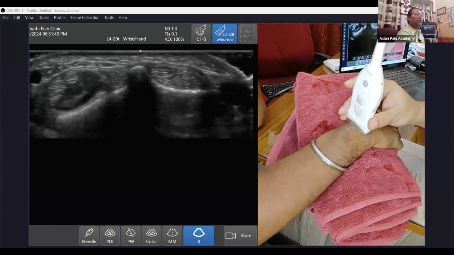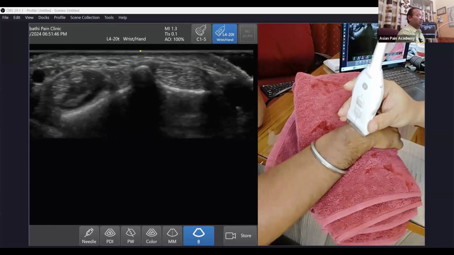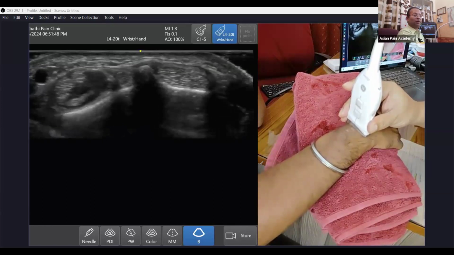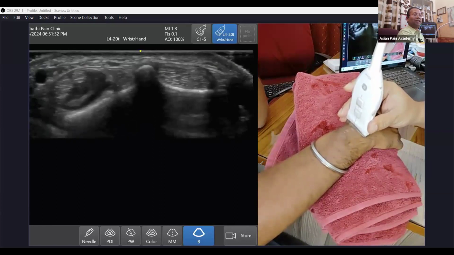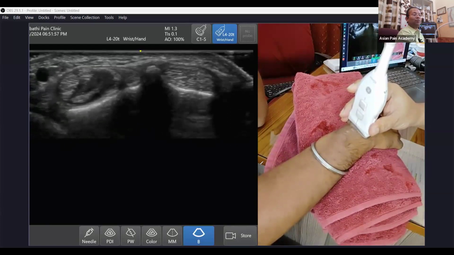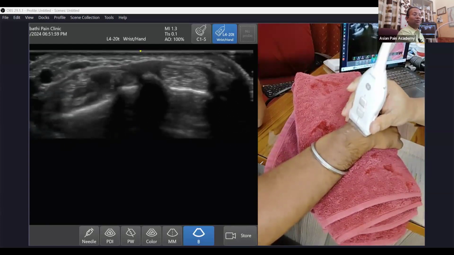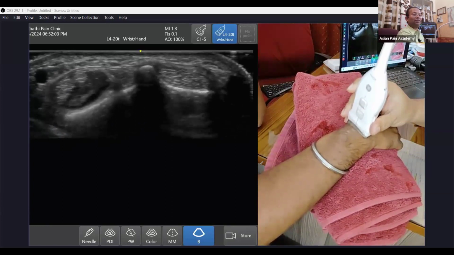Distal intersection means the compartment number 3 tendon will go above the compartment number 2 tendon. EPL will go above ECRL, ECRB. So while going there, you just see the bony margins. Then we will be able to find the scapholunate joint.